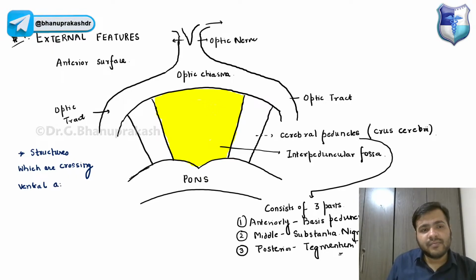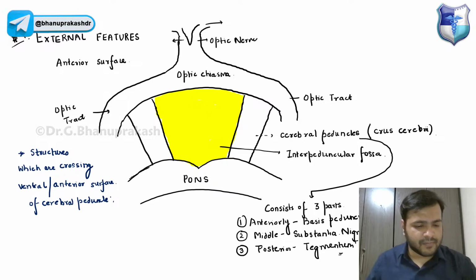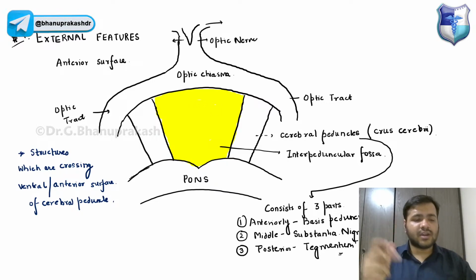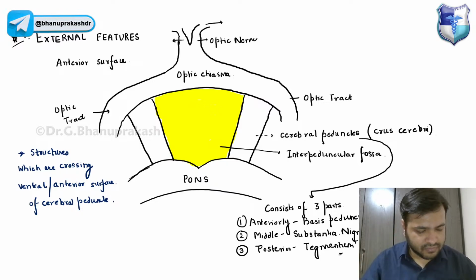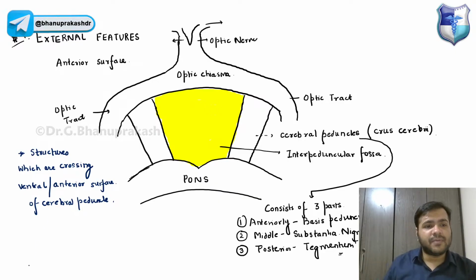Ventral means anterior. Now, what are the structures? Again, a very important viva question from the exam point of view. What are the structures which are crossing the ventral surface of this cerebral peduncle, guys?